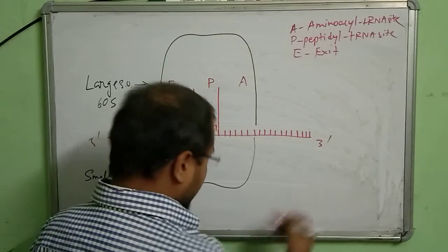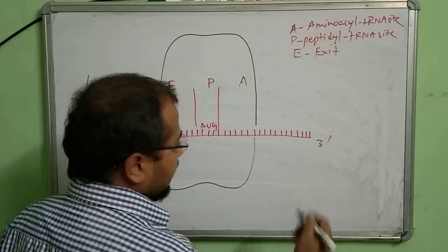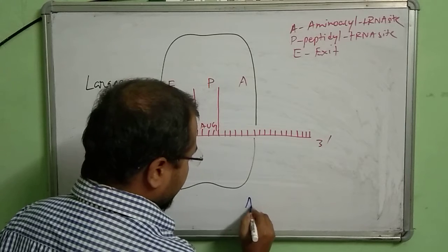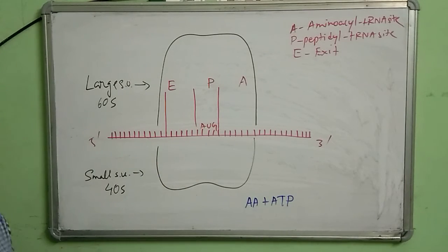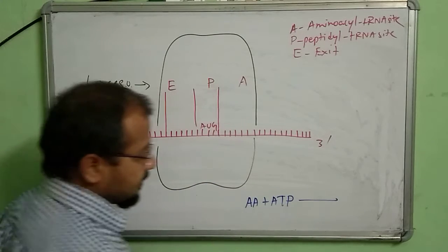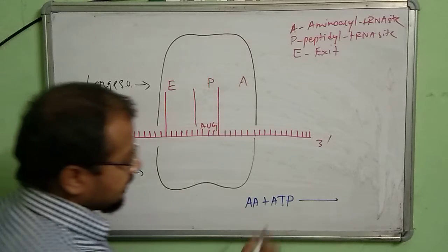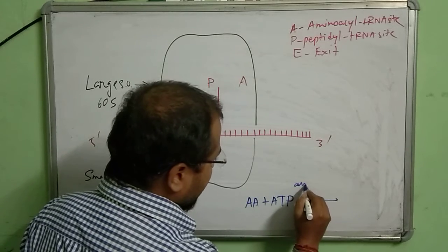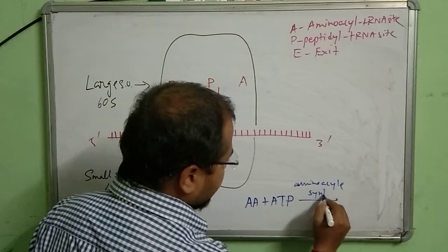So this amino acid, which I am writing here, needs to bind with ATP. With the help of the enzyme, we can name the enzyme as amino acid synthetase enzyme.